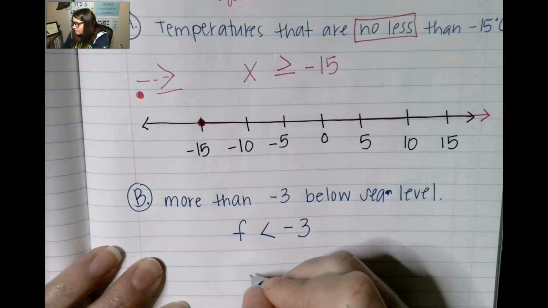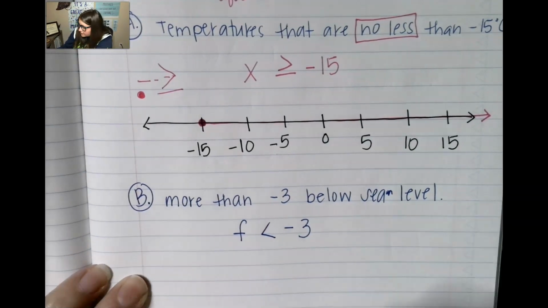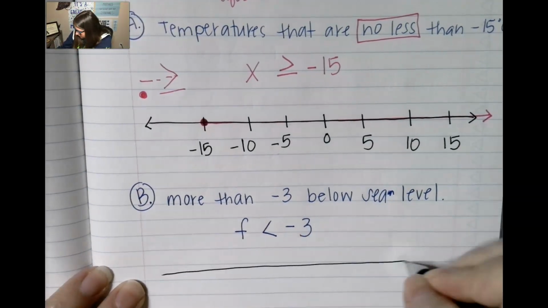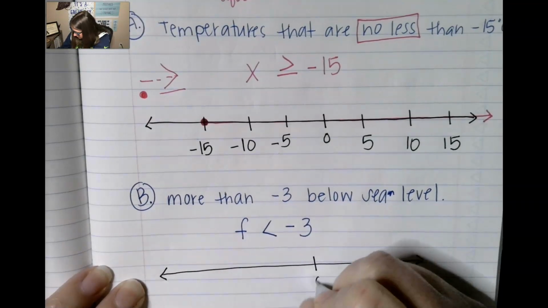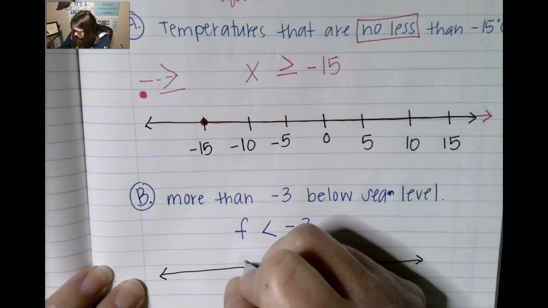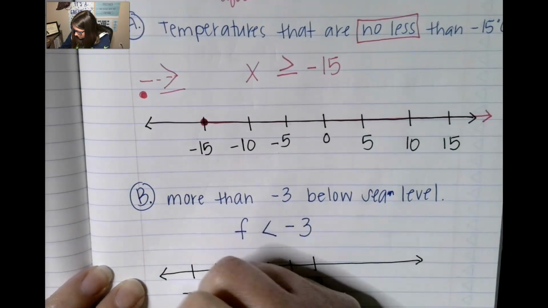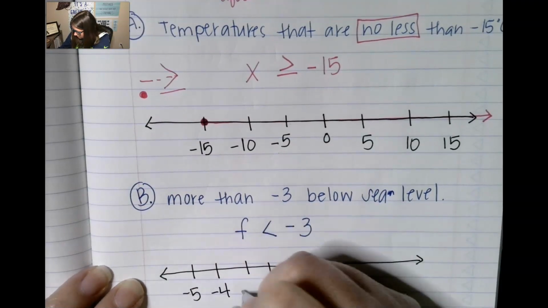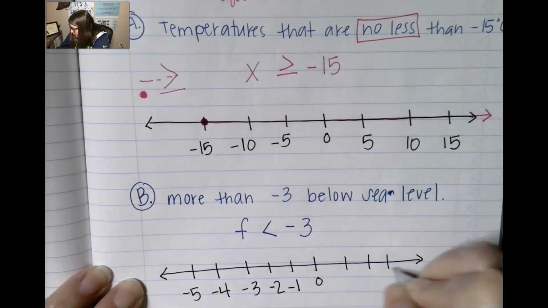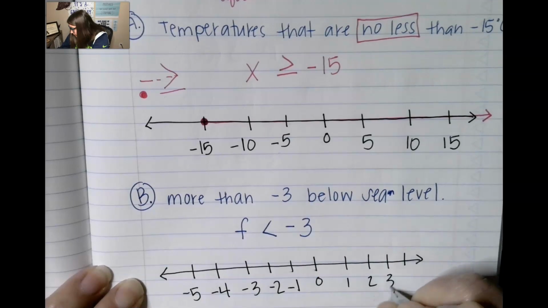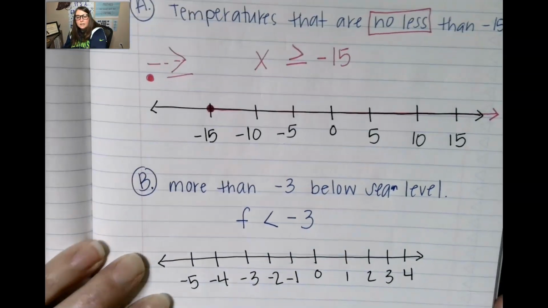And so we're going to draw out again a number line. Okay, here's our number line.